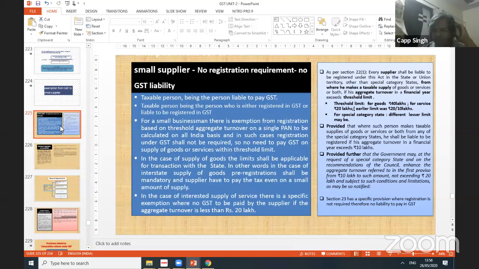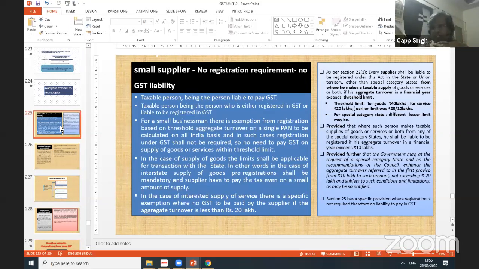Mind that this 40 lakh or 20 lakh is the aggregate turnover on a single PAN, and aggregate turnover, as we have discussed, includes all supplies, whether exempt, nil rated, exports, etc.